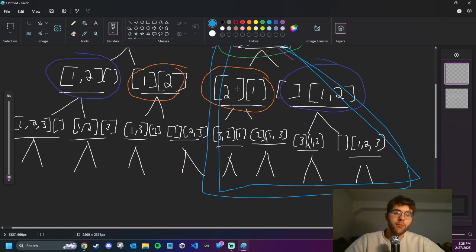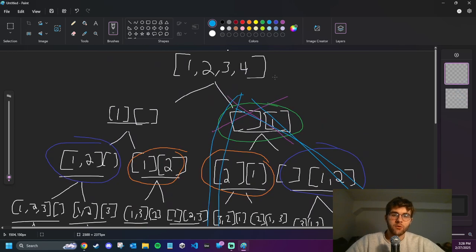I'm trying to think of what the base case would be. It's like if one sum equals the other. But it's a little tricky because, so if you just have 4, it's not really true. So I don't know what the base case would really even be.